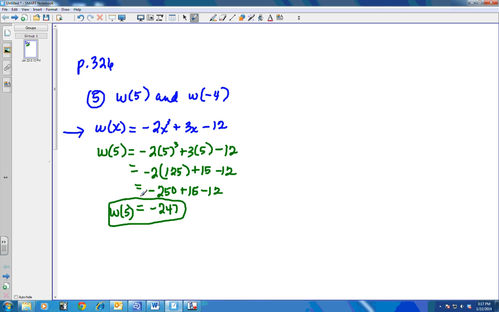Okay, now we have another problem to do. We're going to have W of -4. So now we're still using this same function, and I'm plugging -4 in.